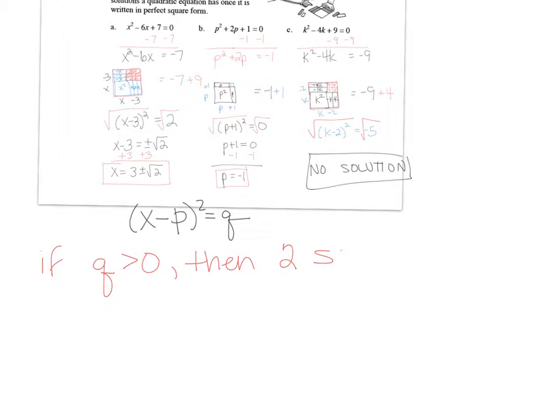Then there's going to be two zeros, two solutions, two x-intercepts. If q is equal to 0, then we'll have one solution.